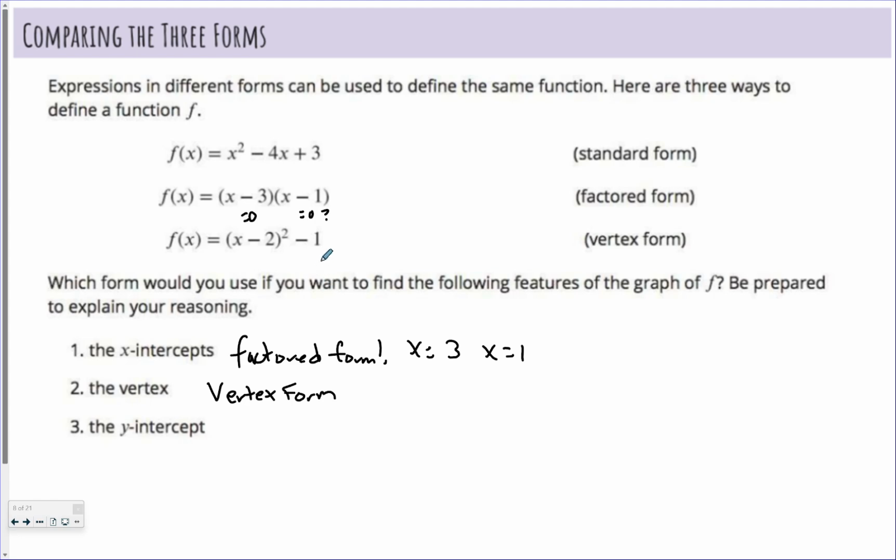So when you want to pull the vertex out of this, the vertex of this is going to be positive 2, negative 1. Note that the x-coordinate changes sign. And the reason for it has to do with the fact that, once again, I want to know when the factor is equal to 0, because that's when you're going to have that minimum or maximum. That's when you're going to have that graph change direction.